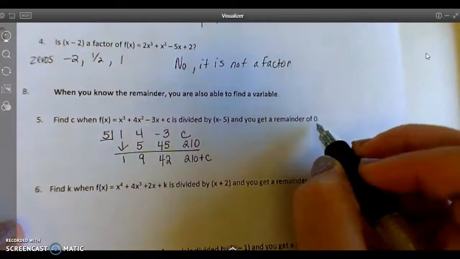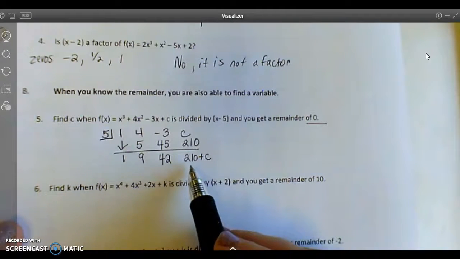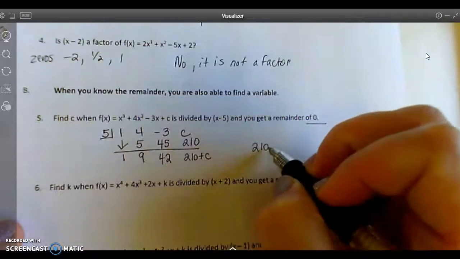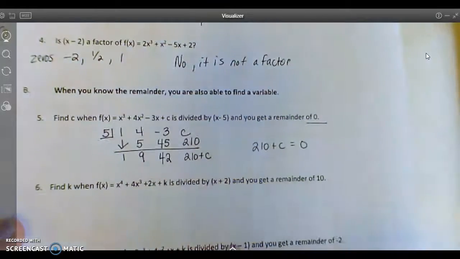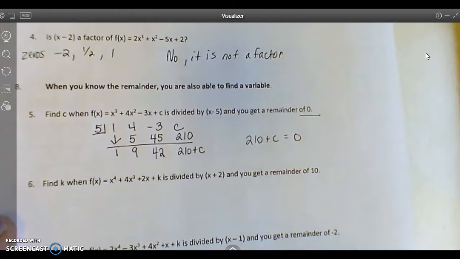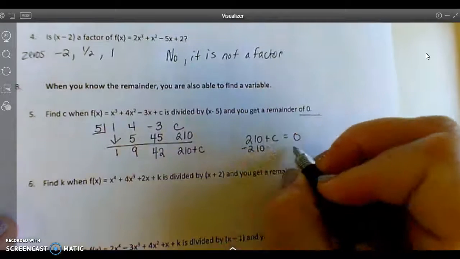Alright, it tells me I'm supposed to get a remainder of 0. I got a remainder of 210 plus C. So whatever you get right there, you set it equal to whatever it tells you the remainder is supposed to be. And then you solve it. So I'm going to subtract 210 on both sides.